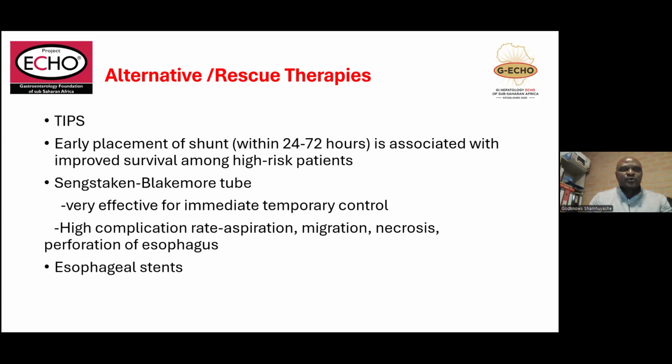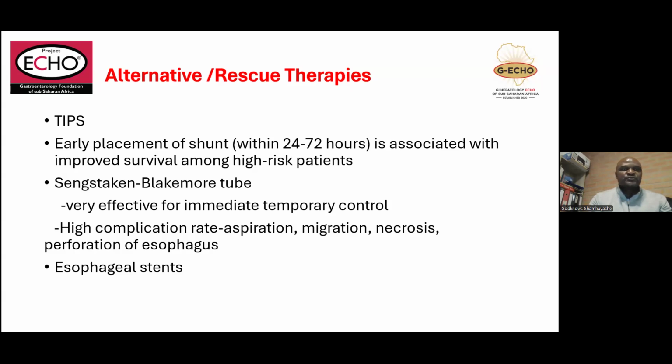You can also put in a Sengstaken-Blakemore tube. It is very effective for immediate temporary control, but has a high complication rate. These patients may aspirate, the tube might migrate, and it might also cause necrosis and perforation of the esophagus.